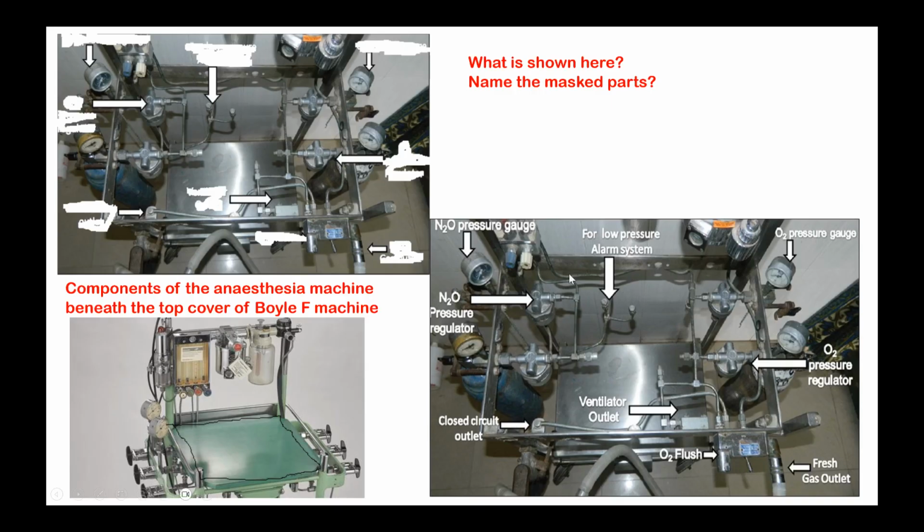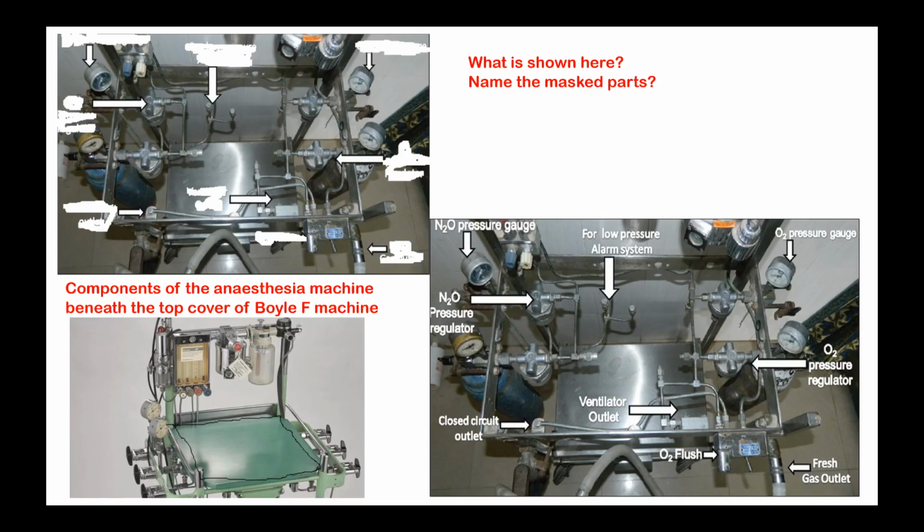So all the low pressure alarms are situated in this area. And once it goes to the flow meter, there you will find that, however much the days of using nitrous oxide, now most of us are switching over from nitrous oxide to medical air. So there is no fear of giving hypoxia at any point of time.